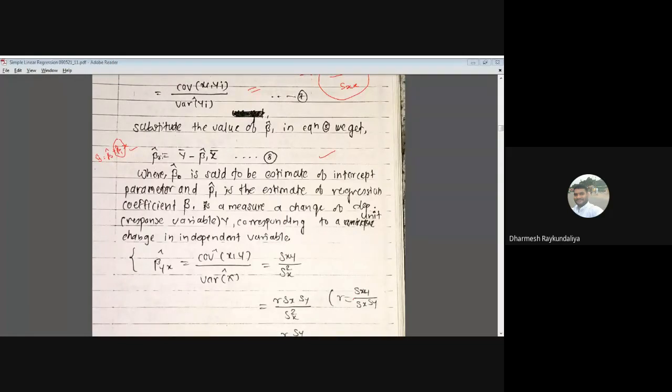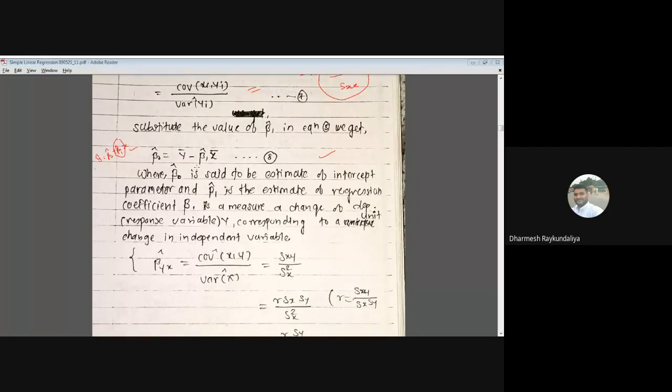So here the variance of beta 0 cap is the variance of y bar plus x bar square variance of beta 1 cap, and minus 2 times covariance, but 2 times covariance is 0. So the variance of y bar is sigma square by n, and x bar square into variance of beta 1 cap, and the variance of beta 1 cap is sigma square upon summation (xi minus x bar) square.